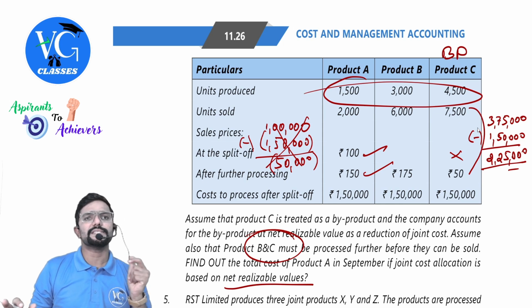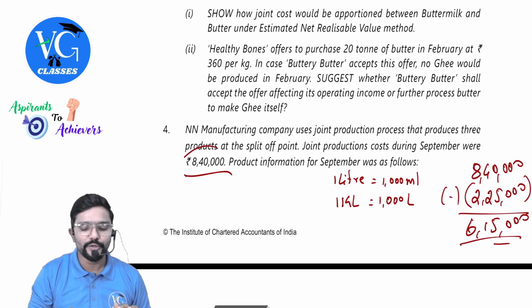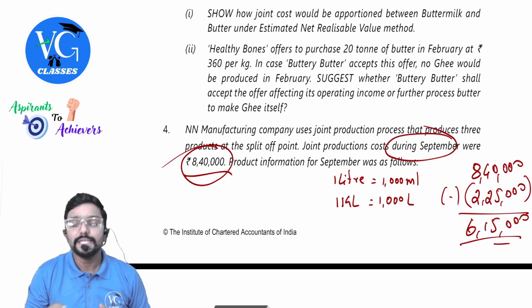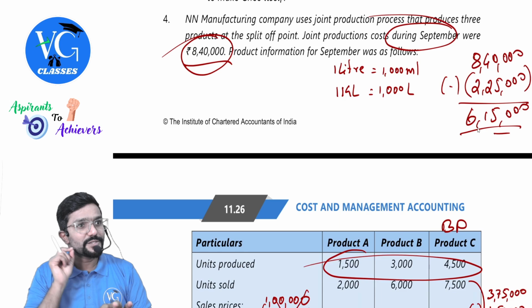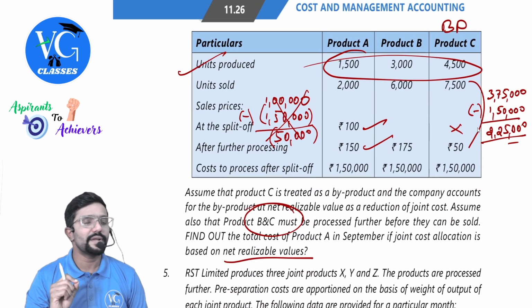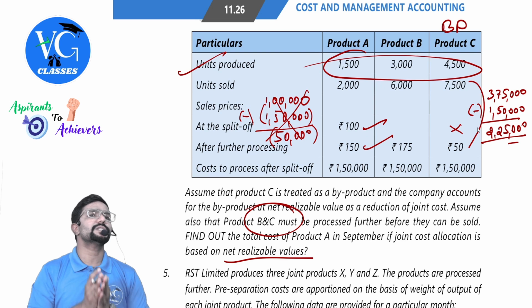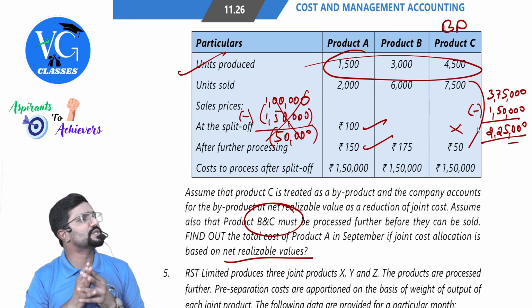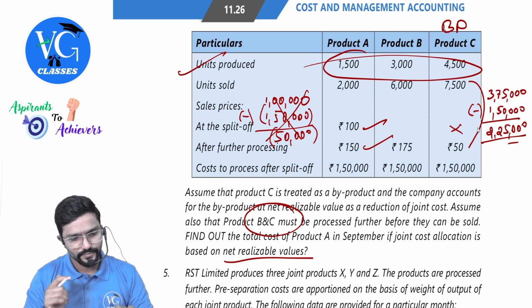The reason is simple: the joint cost we have to apportion is incurred during September. So units produced during September are taken, because the joint cost incurred is for the units produced during September. We have to split it over them.